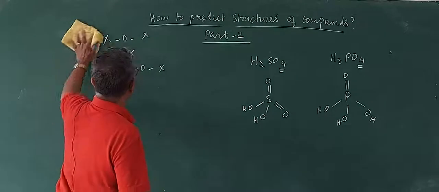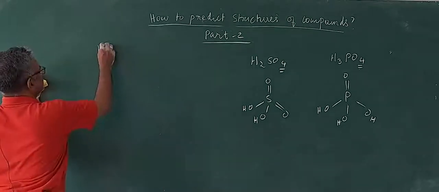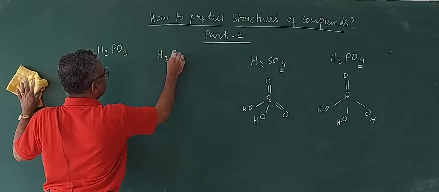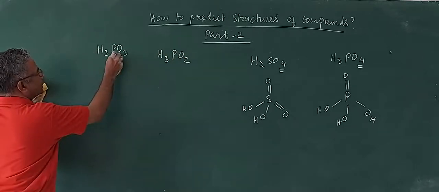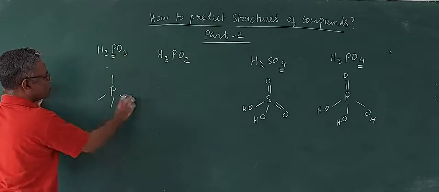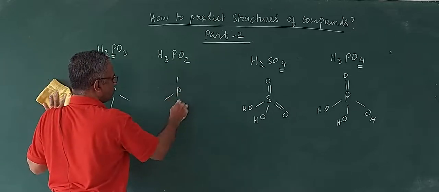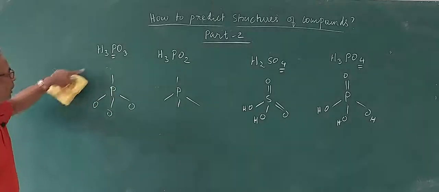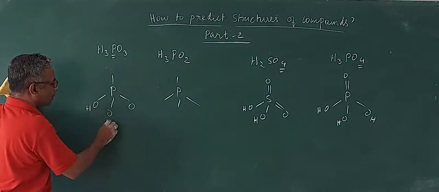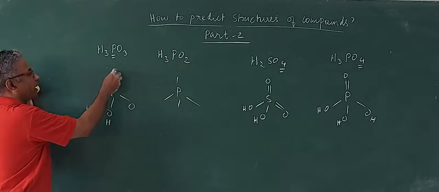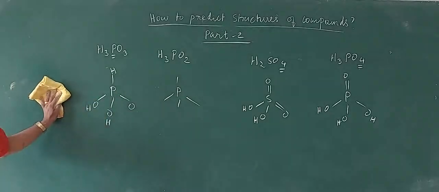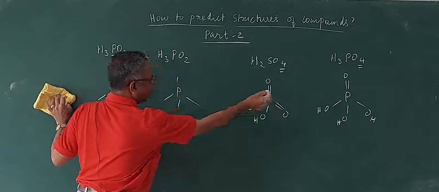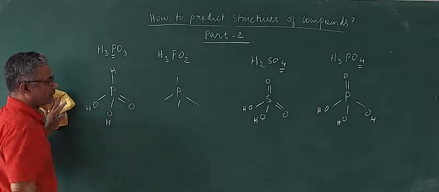So, similarly, now if you want to find out the structure of H3PO3 or H3PO2. As I told you, for P you put 4 bonds, again 4 bonds. Here you have 3 O, and H will be attached to oxygen, but if you put hydrogen on all of them, this bond will be empty. So, you have to put 1 hydrogen directly on P. Therefore 3 is over, and phosphorus, I told you, has 5 valence electrons, so the 5th bond will be here.